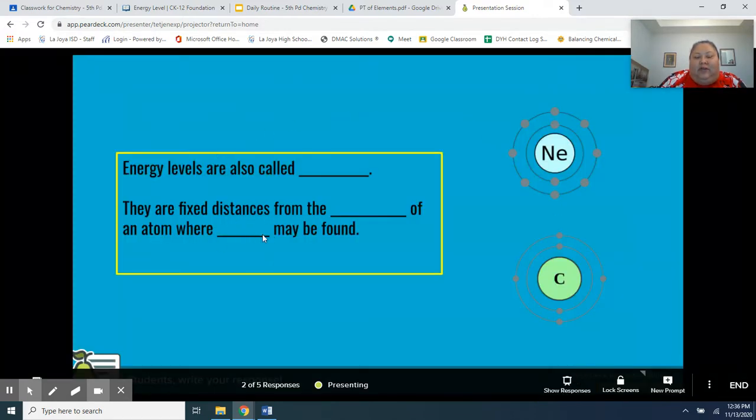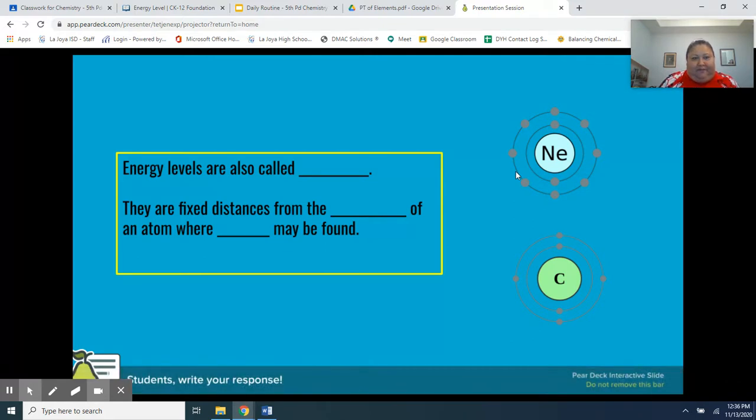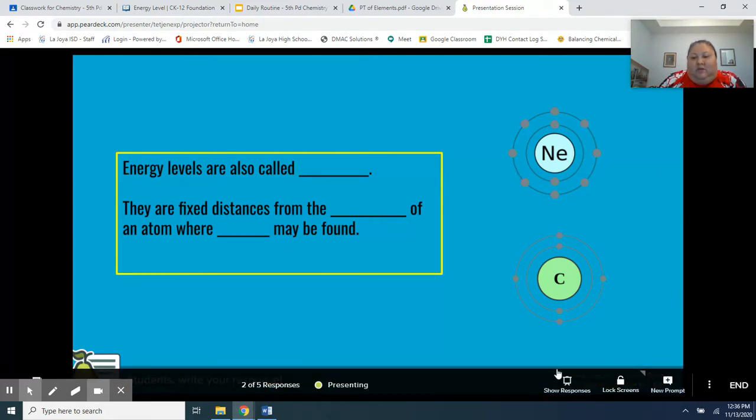Okay. What can I find in these energy levels? What are these dots represent? What do these dots represent? Anybody know? What is outside of the nucleus? Nobody remembers what's outside of the nucleus.